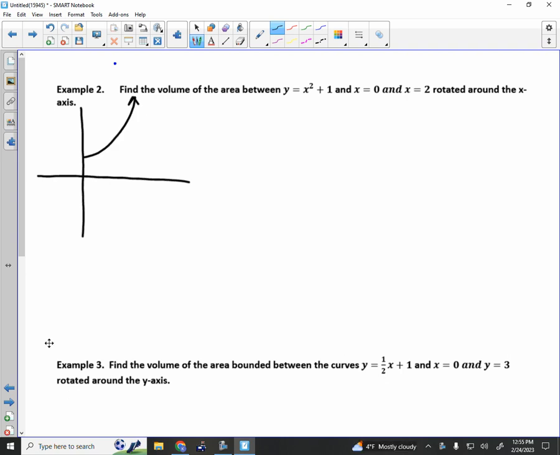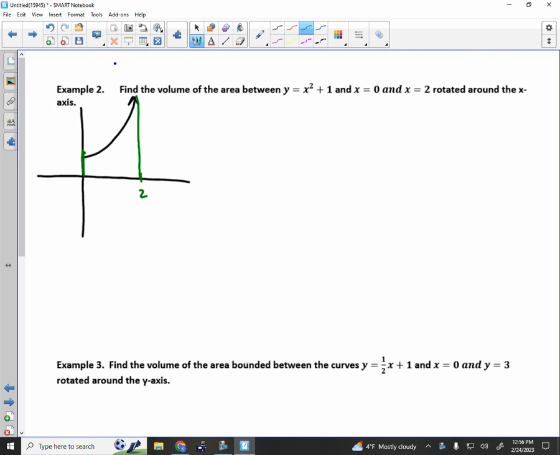I appreciate the sound. What is x equals 0? It's the y-axis, right? So x equals 0 is going to be this part right here, and then x equals 2, just 2 units over, right?